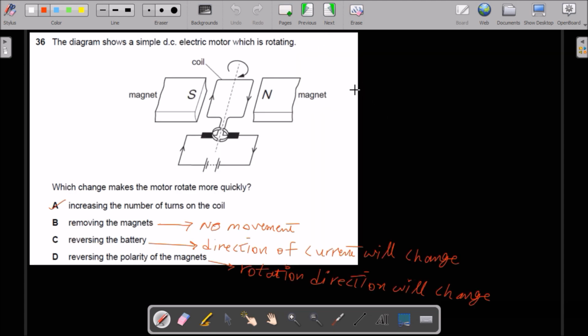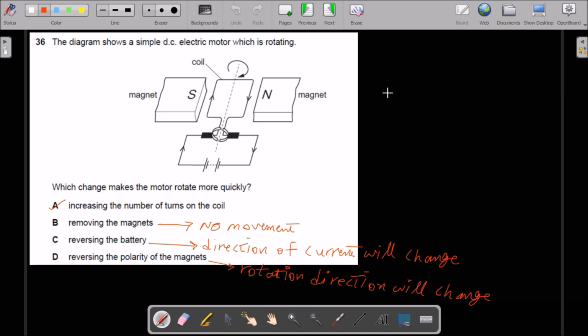Question 36. The diagram shows a simple DC electric motor which is rotating. Which change makes the motor rotate more quickly? If you remove the magnet, there is no movement for the coil. If you reverse the battery, the direction of current will change.